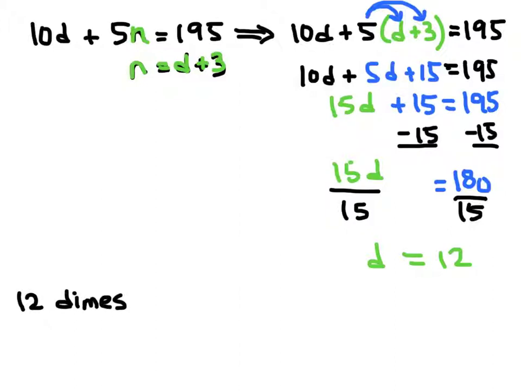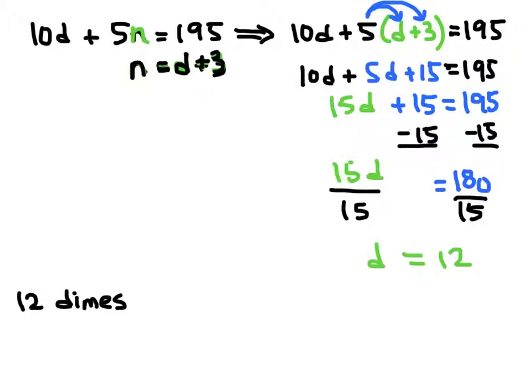And in order to figure out how many nickels I have, I will take my result from the number of dimes and plug it back into the second equation. N equals d plus 3. So I'm going to rewrite that so you can see this. N equals d plus 3.